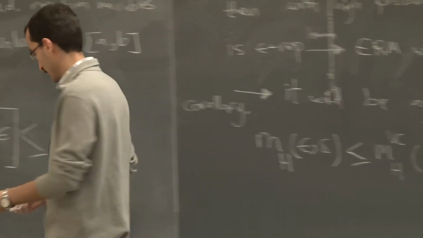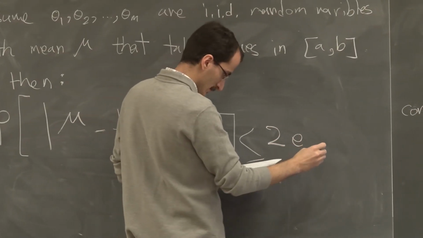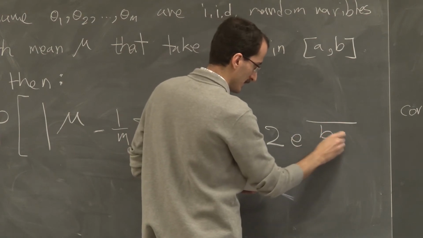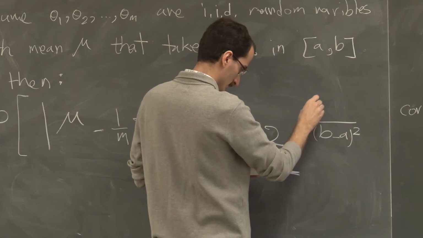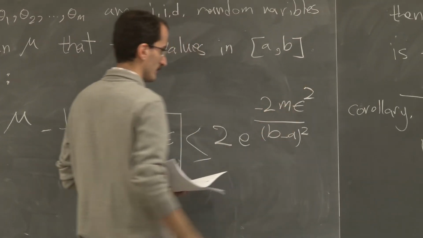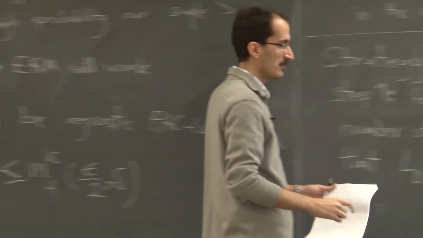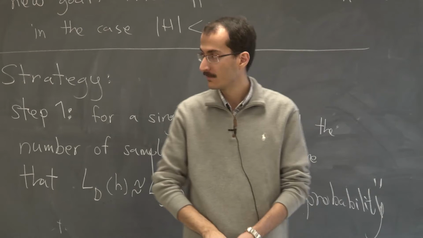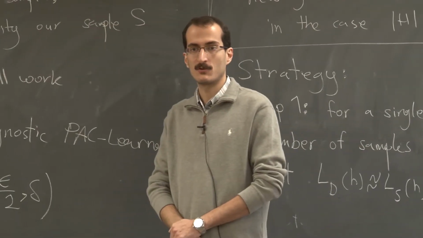Yes, it's 2e to the minus 2 m epsilon squared over (b minus a) squared. You will not be required to prove this, I think. But you can use it as a concentration inequality.